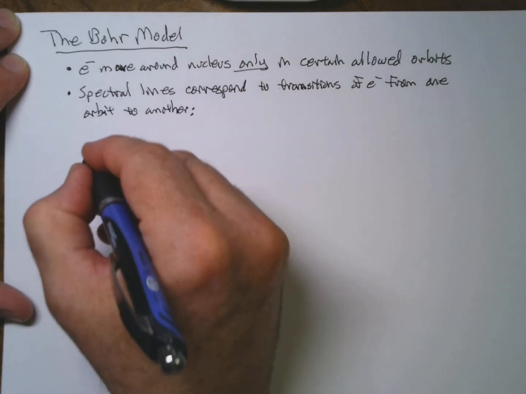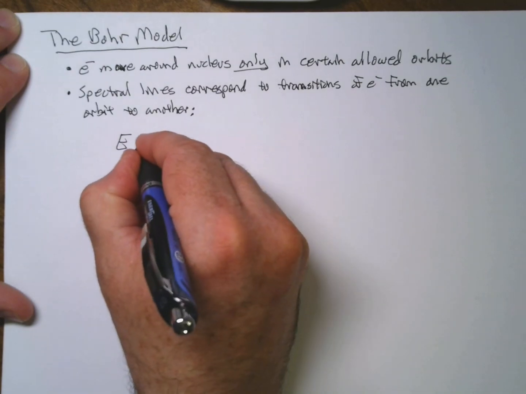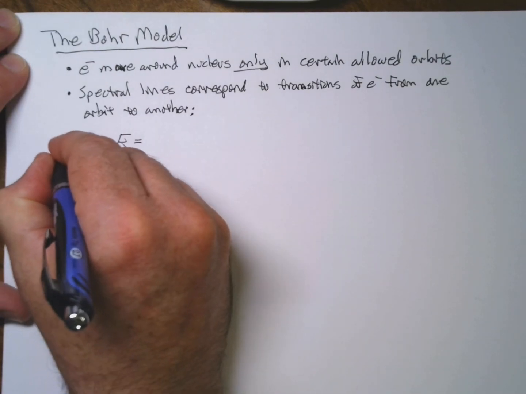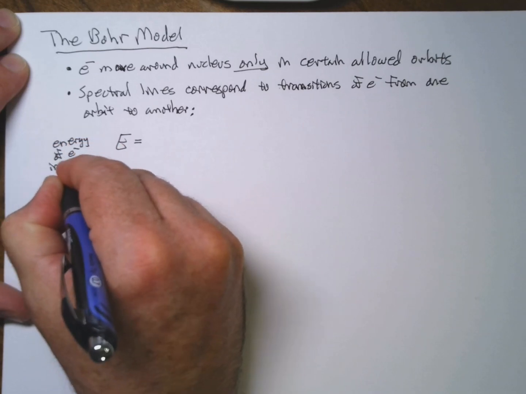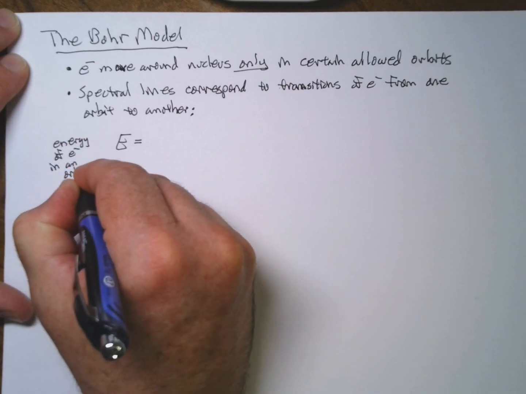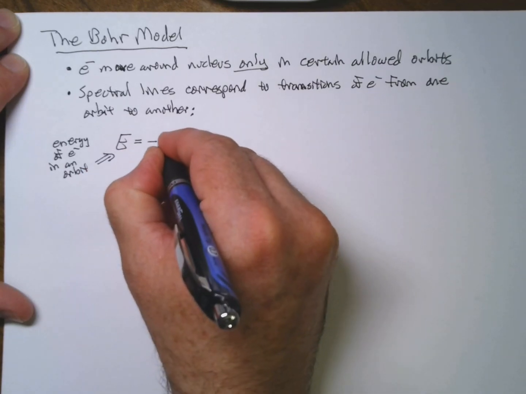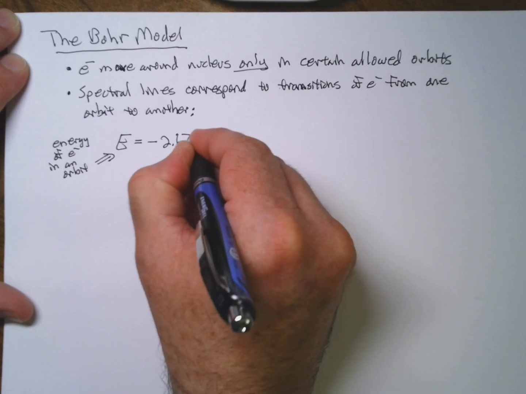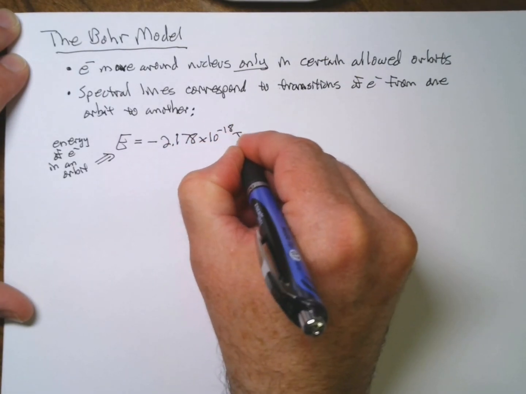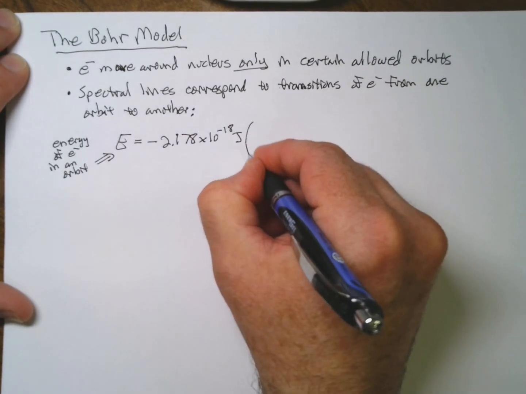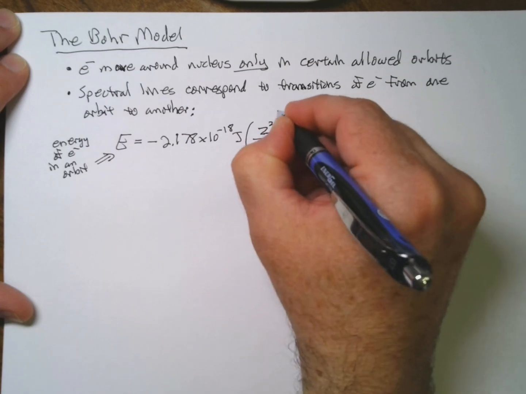And he came up with the following equation. The energy of an electron in an orbit is equal to minus 2.178 times 10 to the minus 18 joules times the nuclear charge squared.